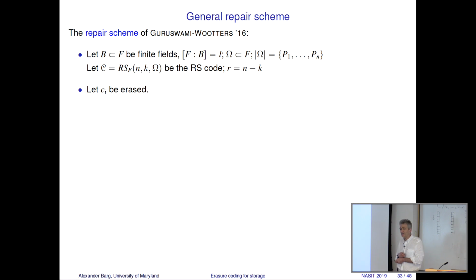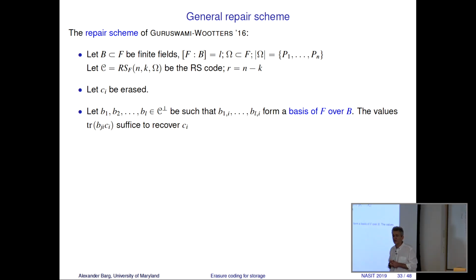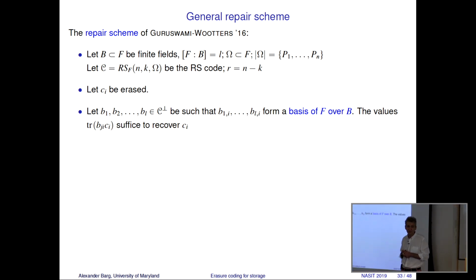Let Ci be erased. Let (B1,1 to B1,L, ..., Bn,1 to Bn,L) be a code word in the dual code. So the code word in the dual code has the property that its dot product with any code word in the Reed-Solomon code is 0.